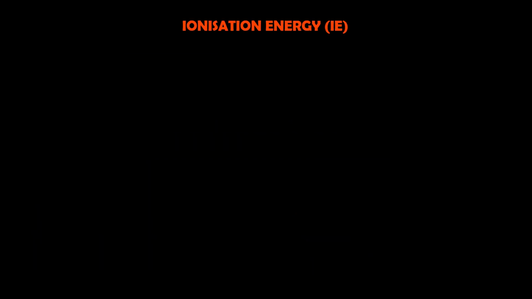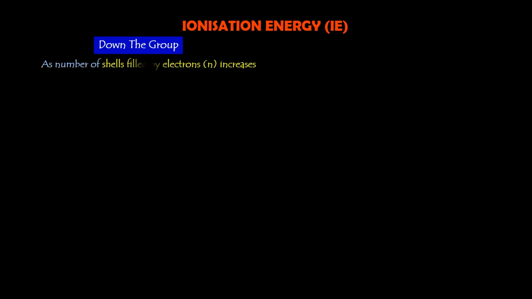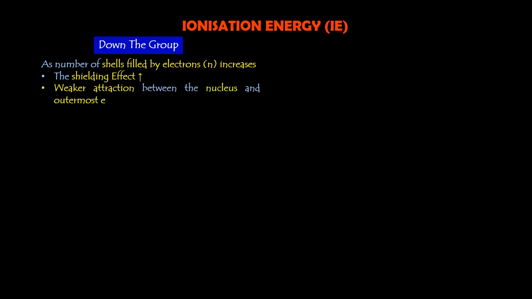Now we look at the trend in the first ionization energy down the group and across the period. Down the group, as the number of shells filled by electrons n increases, the shielding effect also increases. The attraction between the nucleus and the outermost electrons becomes weaker.